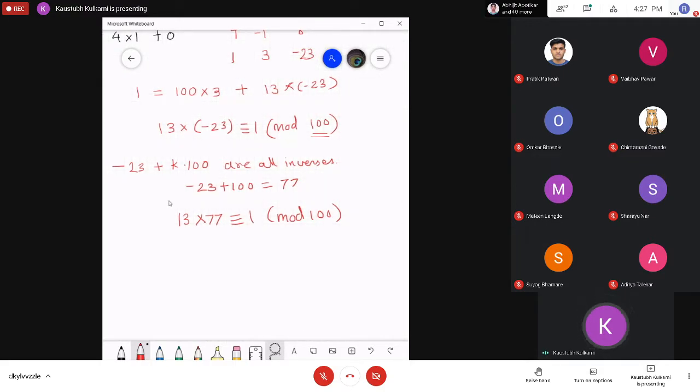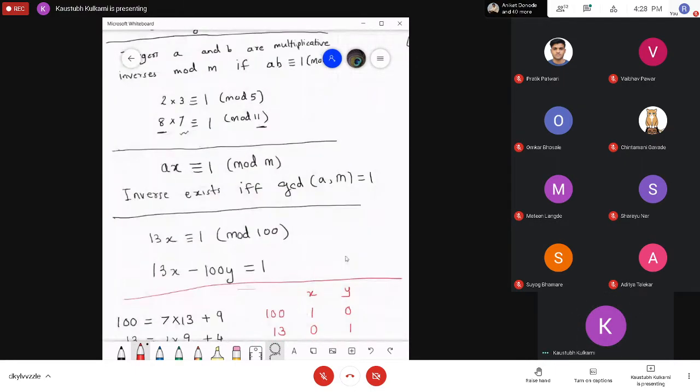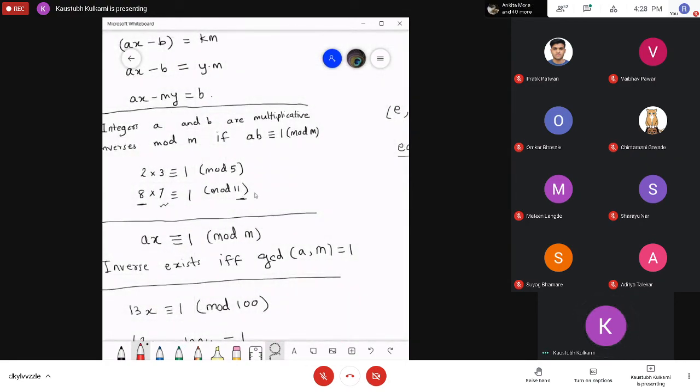So actually yesterday also it was the same thing, right? For example, okay, let's take a smaller example. Okay, 8 into 7 is 1 mod 11. Okay, so 7 is the inverse of 8 mod 11.